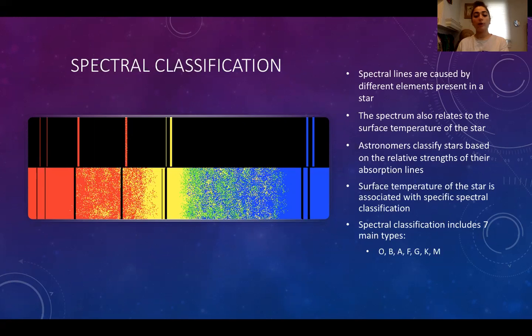And a common way students and astronomers remember the proper order of the stellar classification from the hottest blue stars to the coldest red stars is a memory device, which is OBA, fine guy or girl, kiss me. So that's kind of how they remember the order of the 7 main types of spectral classification.